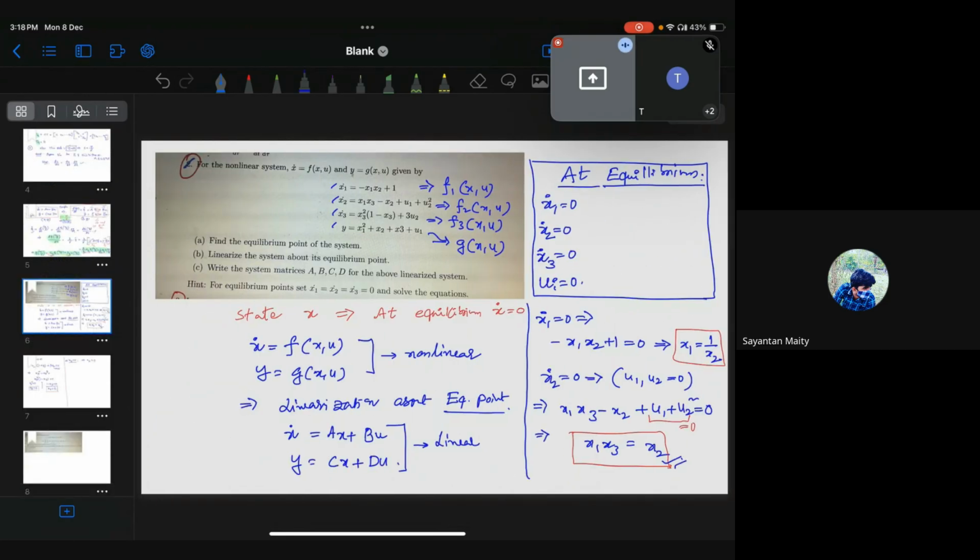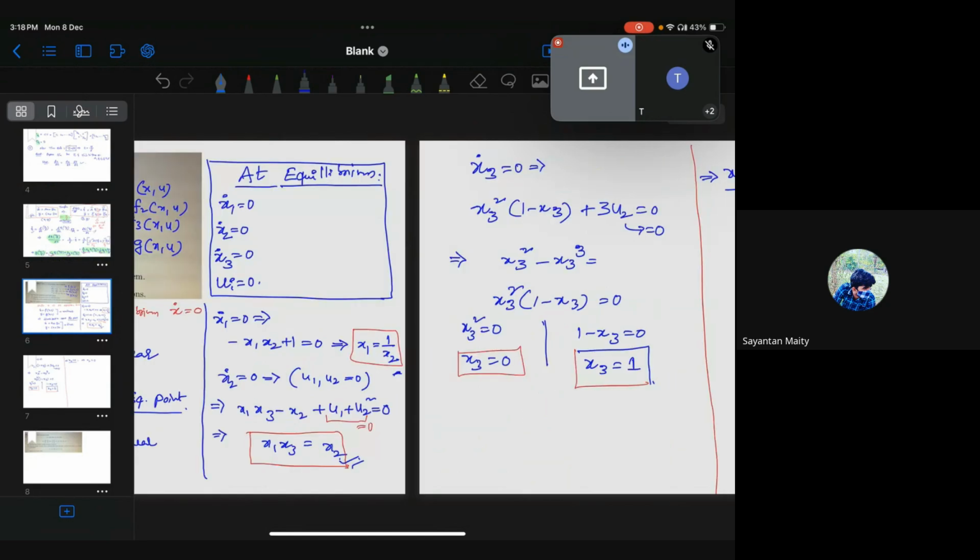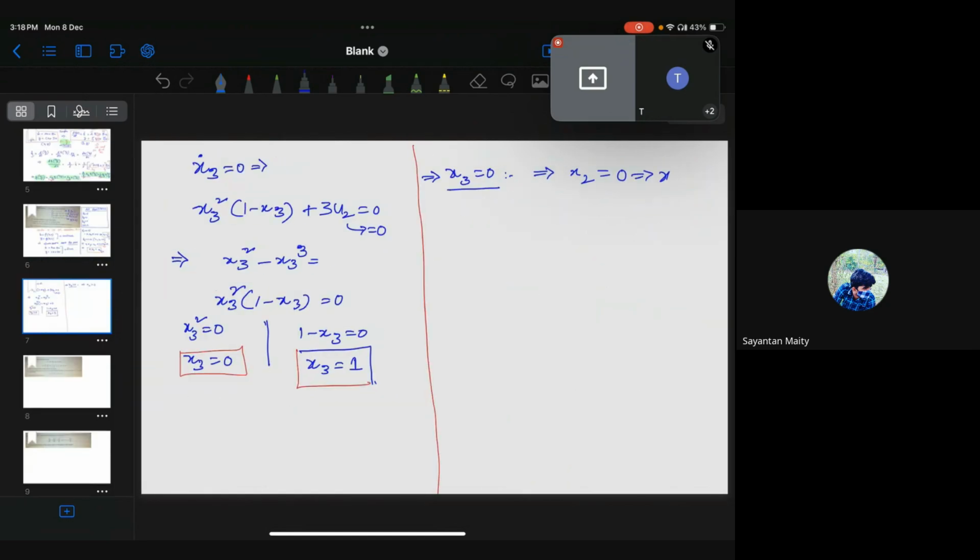When x2 is 0, x1 becomes infinity. So this is not possible. Why? Because states never become infinity. So that is the first case.